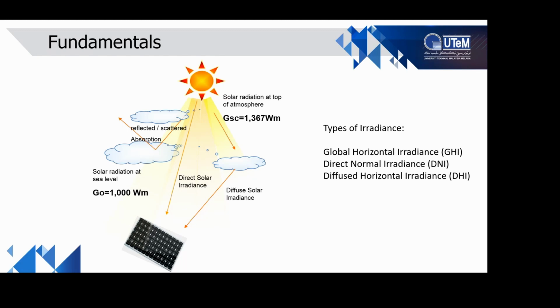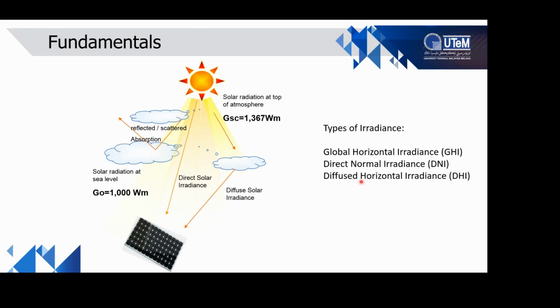Those kinds of solar irradiance are a bit reduced or diffused. That means the intensity is lower than direct solar irradiance. So we call it diffuse solar irradiance. And then the total of direct and diffuse, we call global irradiance.